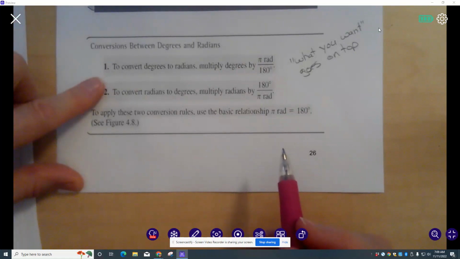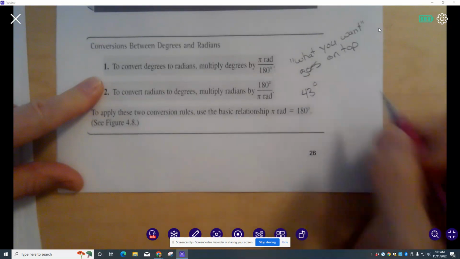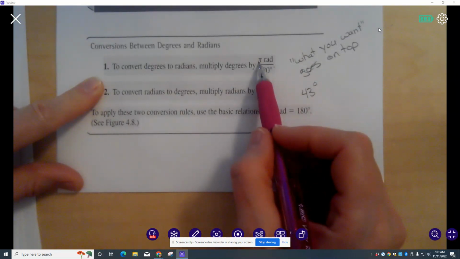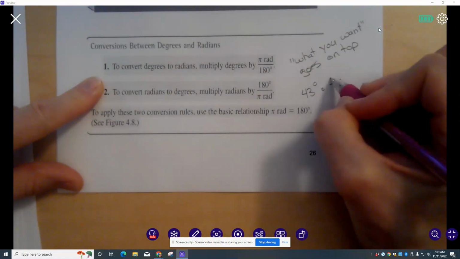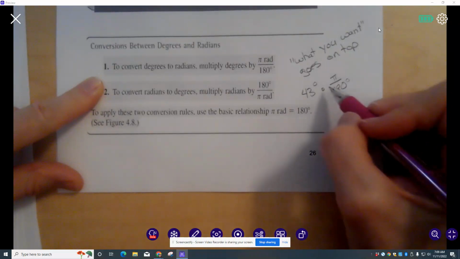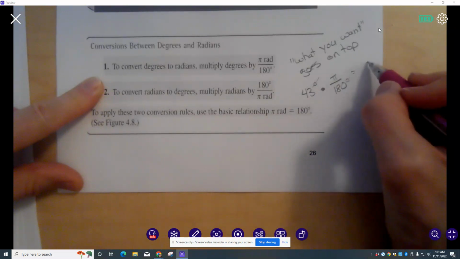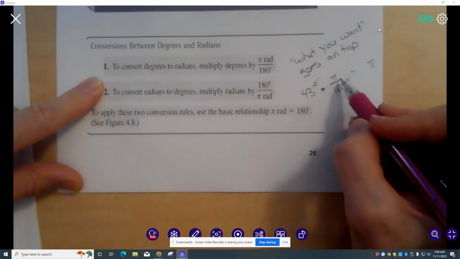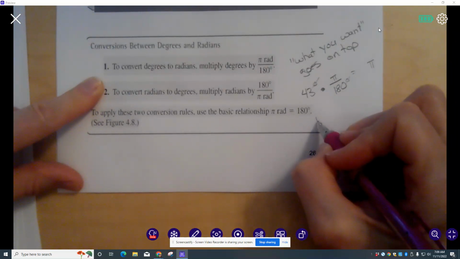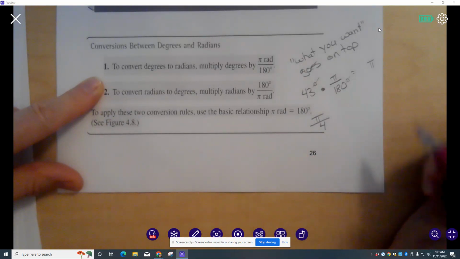So say I'm given degrees. For example, I'll give a weird number, 43 degrees, and I want to convert to radians. I choose the ratio that has radians on the top. Here's why. This is multiply, by the way. The degrees cancel, and my answer will be left with radians. Say I'm given radians, pi over 4, and I am told to convert to degrees.